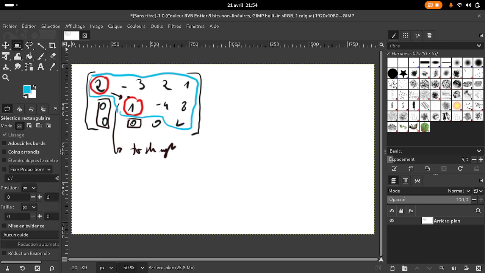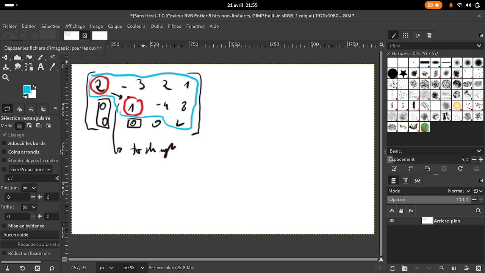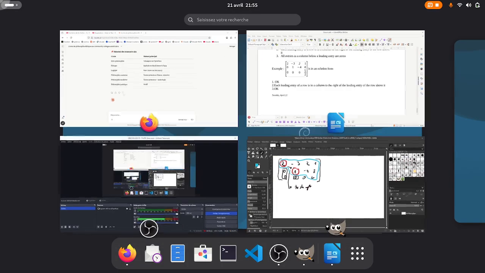Now we'll draw two other echelon forms. We have this one, so I have example 2.